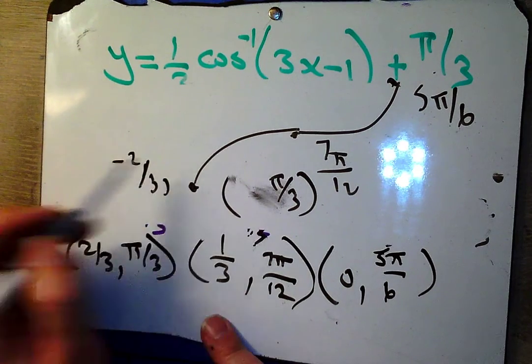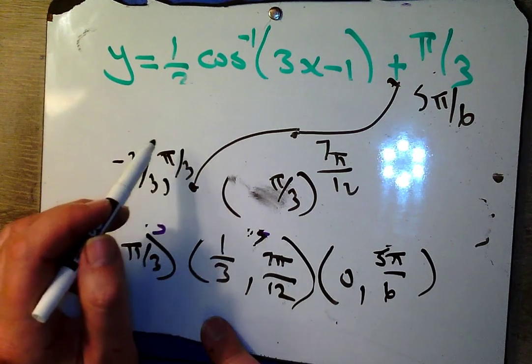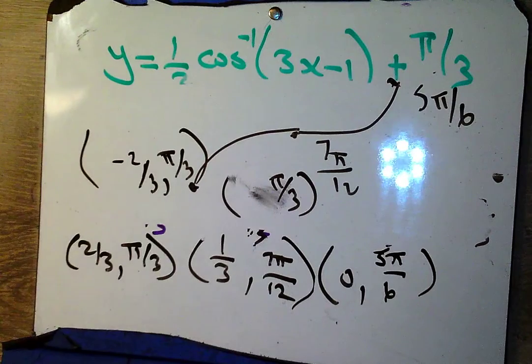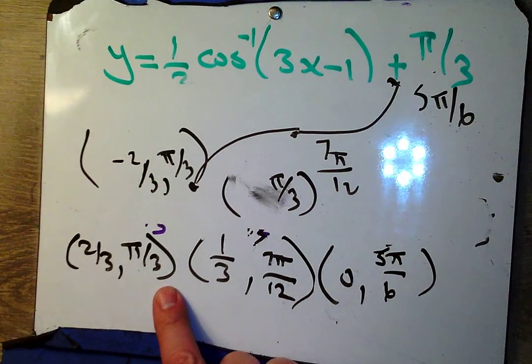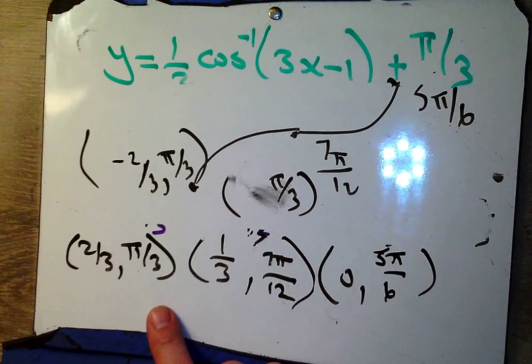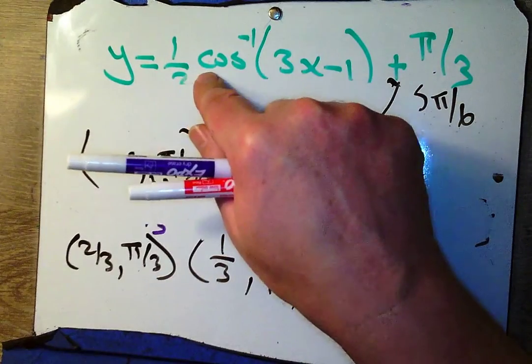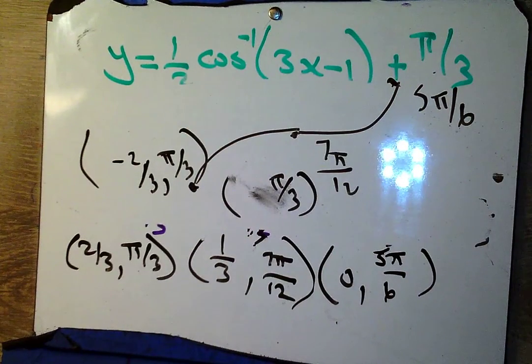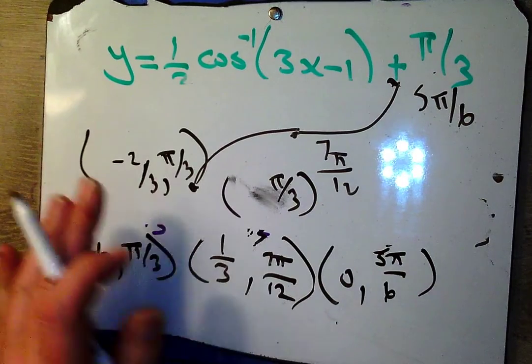Negative 2/3, pi over 3. This was 0. Multiply by half, still 0. Added pi over 3. Yeah, okay.